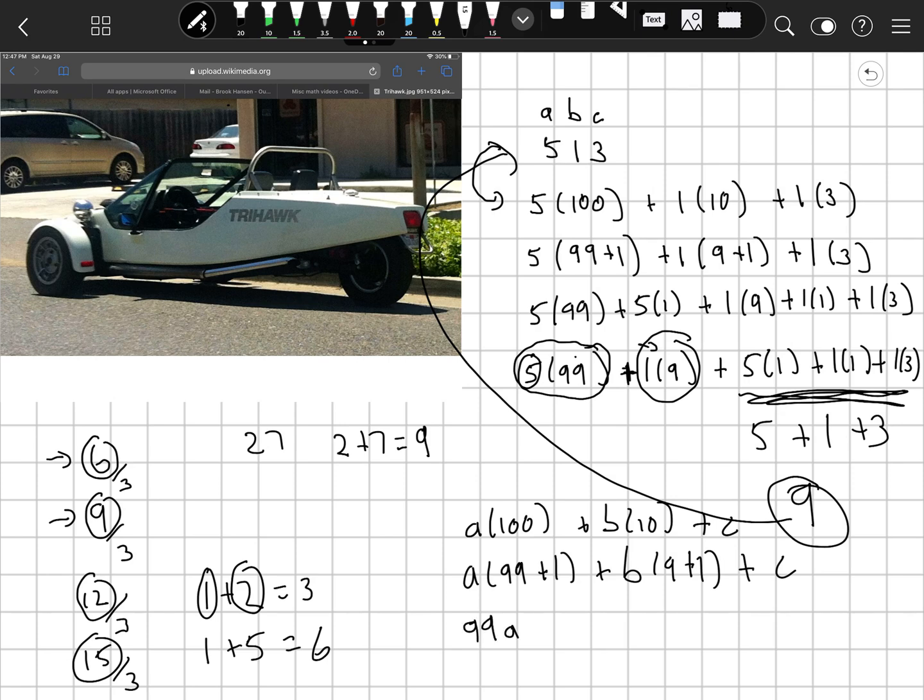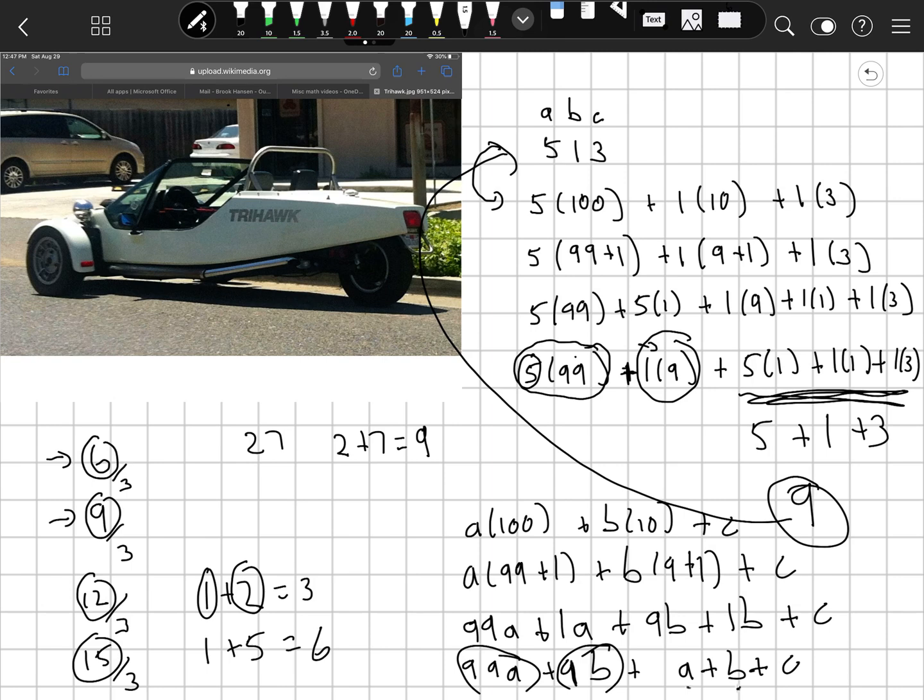Okay, let's distribute it. We've got 99A plus 1A, and we've got 9B plus 1B, and then we've got C. Let's rewrite it. 99A plus 9B plus A plus B plus C. And so here we know that 99A is divisible by 3, and 9B, that's also divisible by 3.